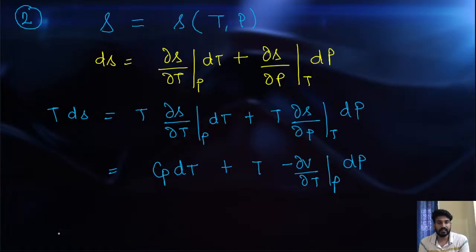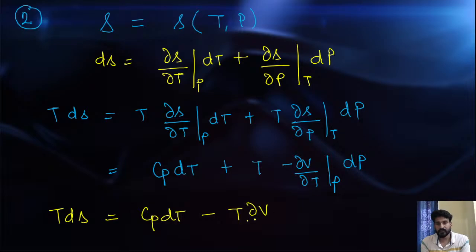So this equation I can write as TdS is equal to Cp dT minus T del V over del T, keeping pressure constant, into dP. This is my second equation.